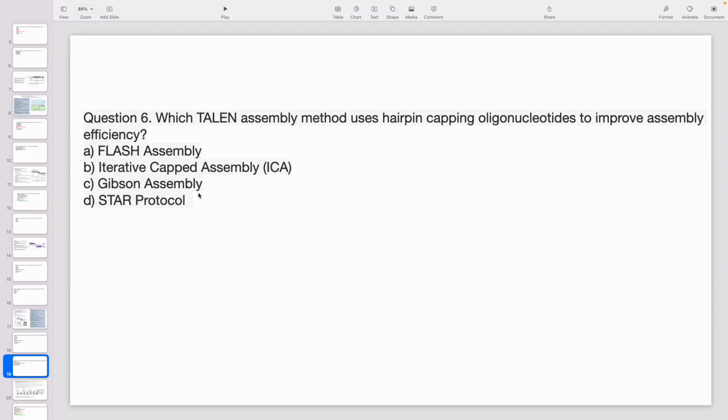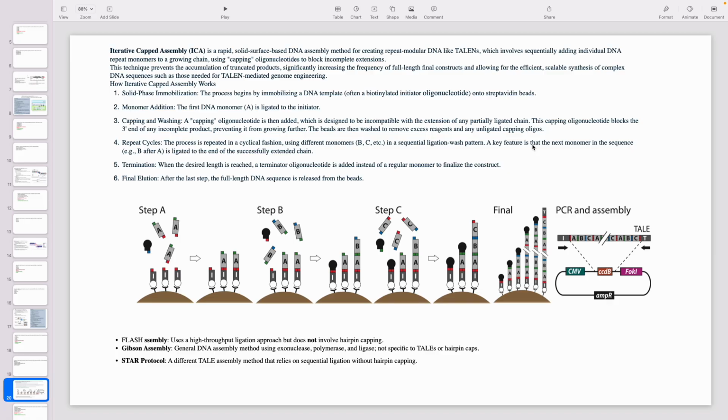In iterative capped assembly, hairpin capping oligonucleotides are used to improve the assembly efficiency. So we will look into how this method works for TALEN assembly. The iterative capped assembly is a rapid, solid-surface-based DNA assembly method for creating repeat modular DNA like TALENs.